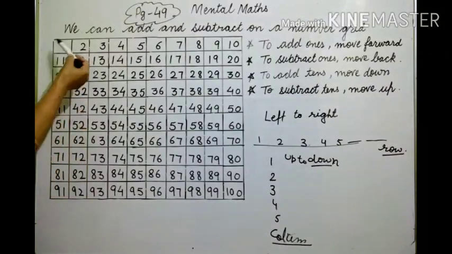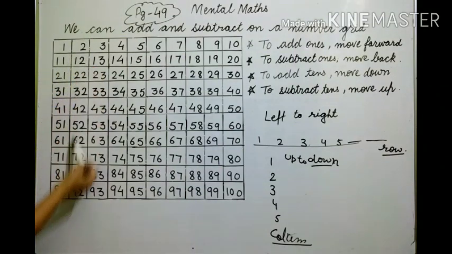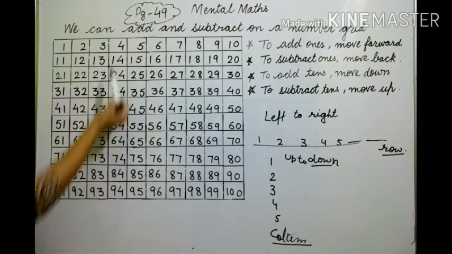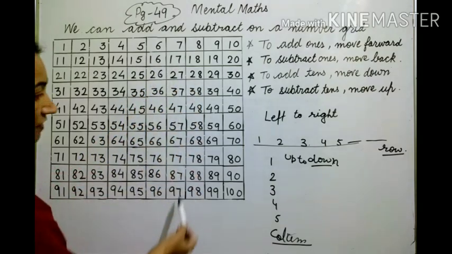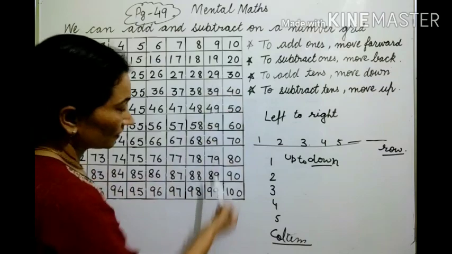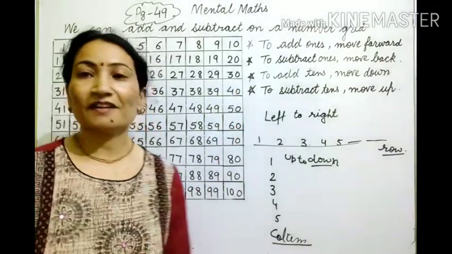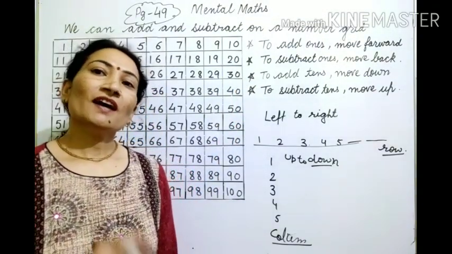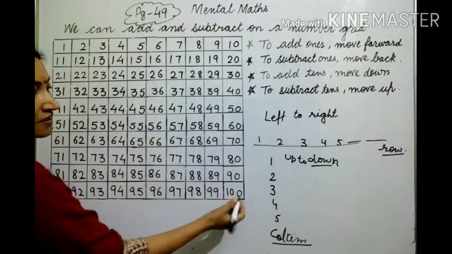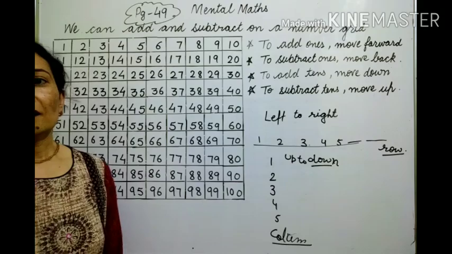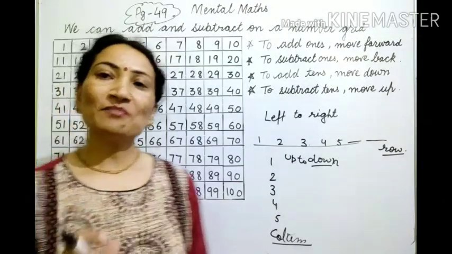Here 1 column, 2 columns, 3 columns, 4, 5, 6, 7, 8, 9, 10 columns are here. 10 rows and 10 columns we have in writing numbers 1 to 100. This is called number grid.